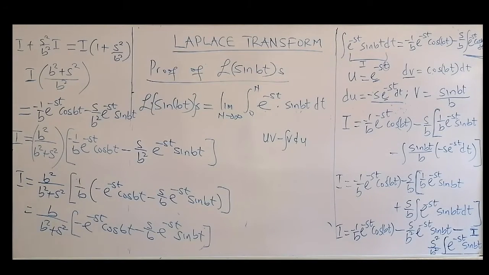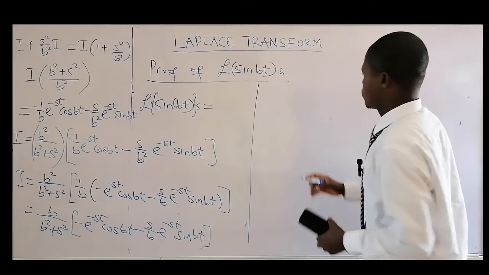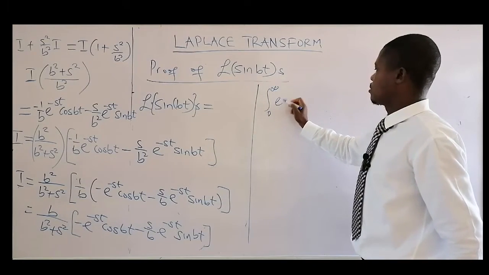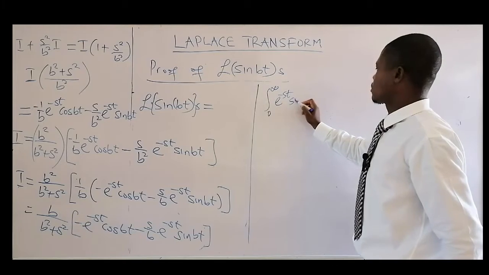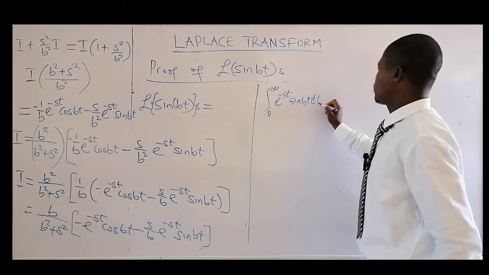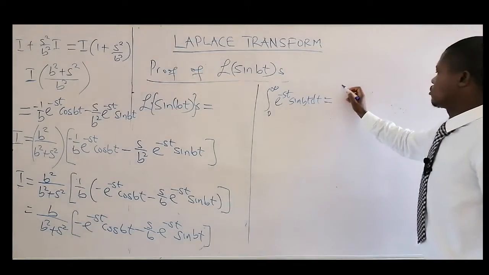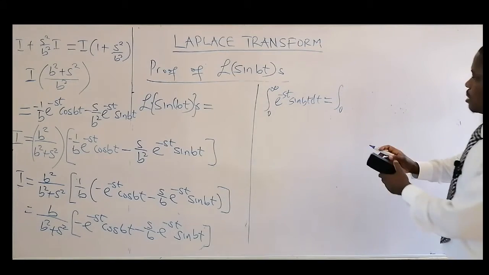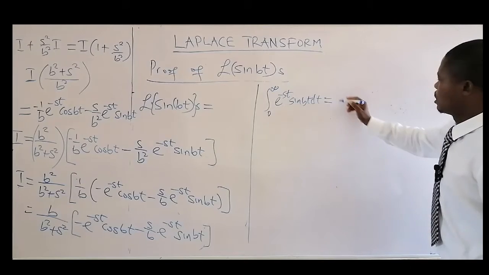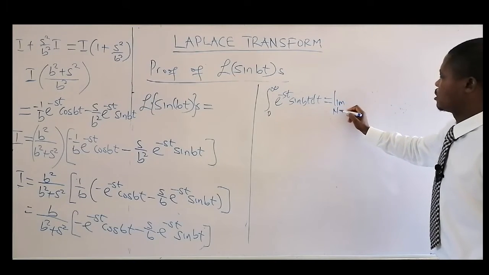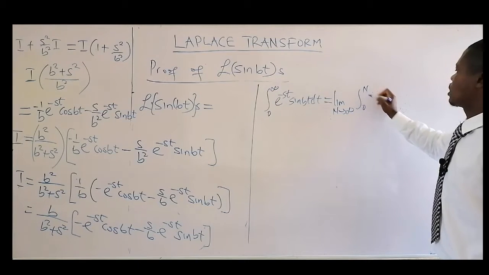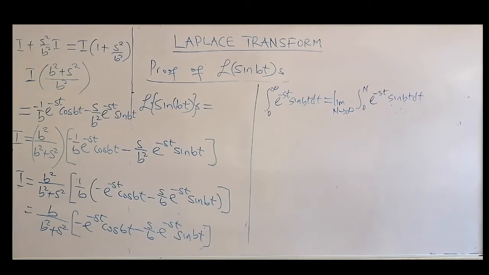Then the next thing to do now: the integral from 0 to infinity of the question, sine bt dt, will be equal to the limit as n tends to infinity of that integral from 0 to n. And we have the value already.